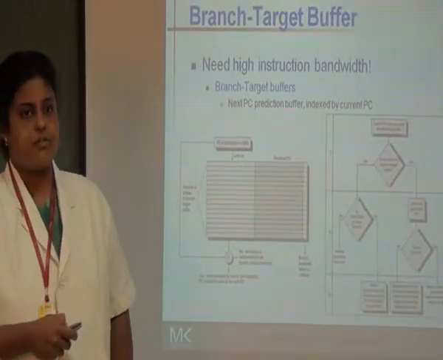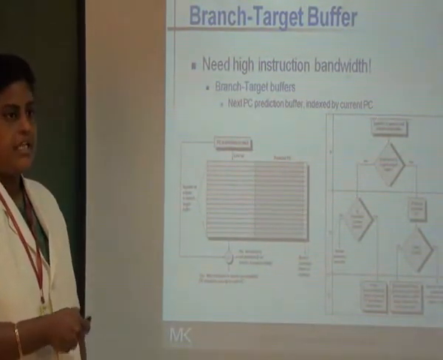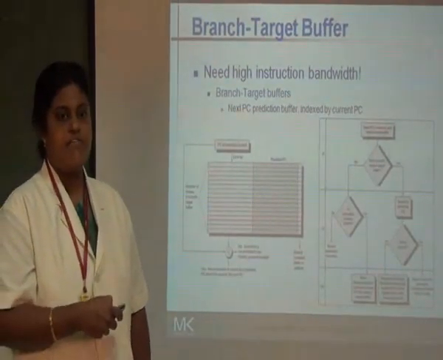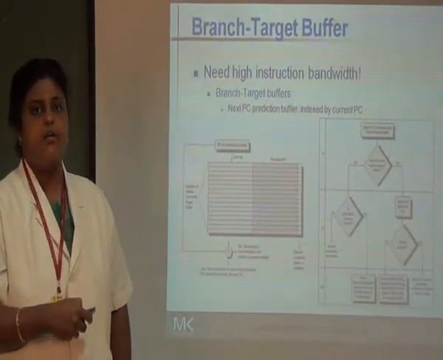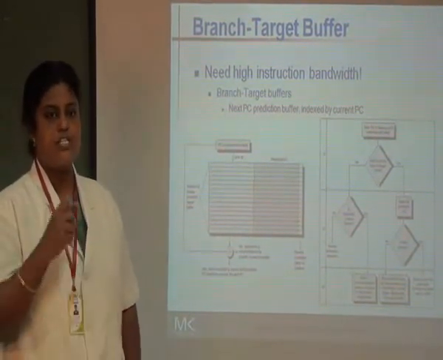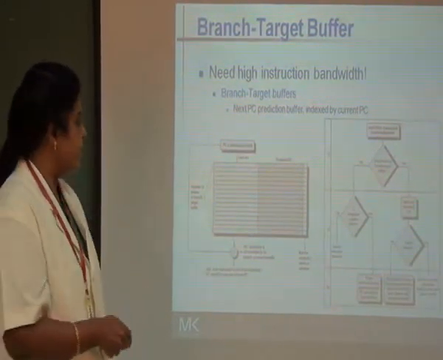So this is the flow chart, and the only thing to remember here is that from the current PC content received by the branch target buffer, we are supposed to find out the predicted PC value. This is the only point we have to keep in mind.